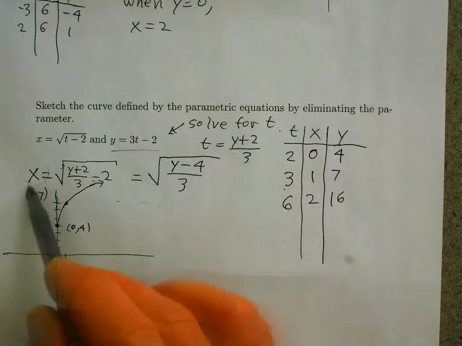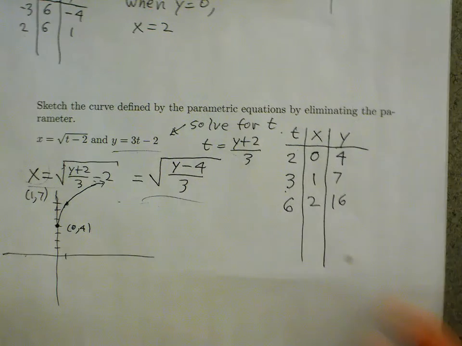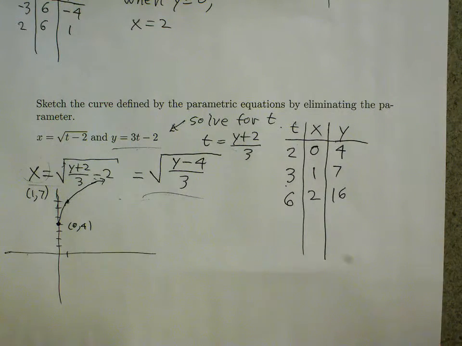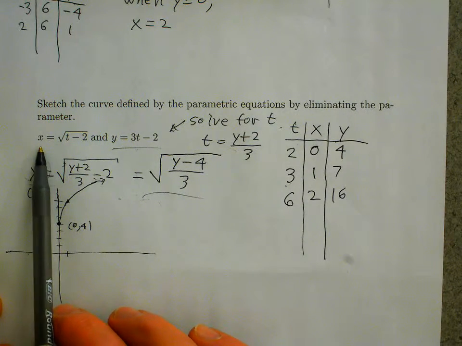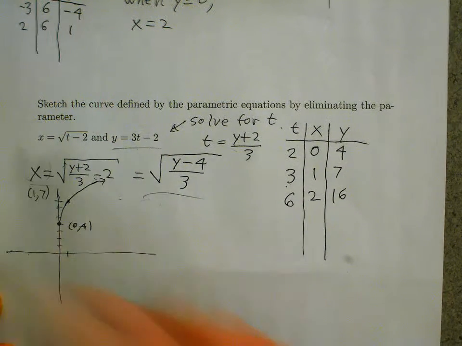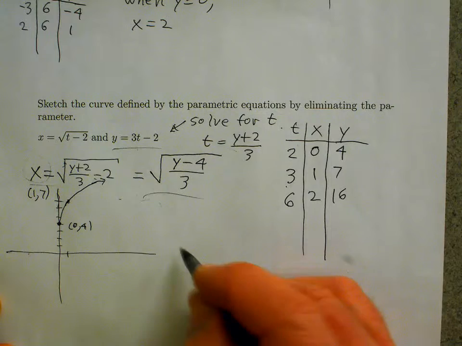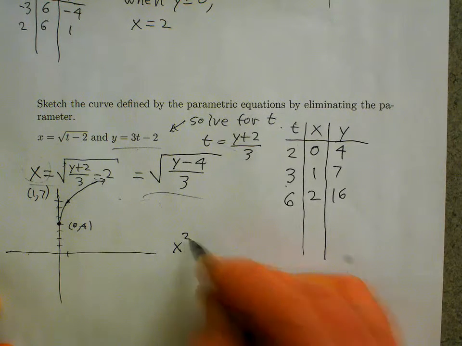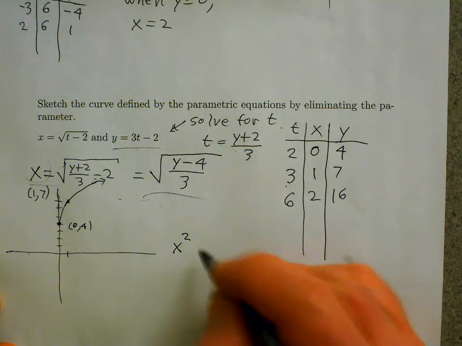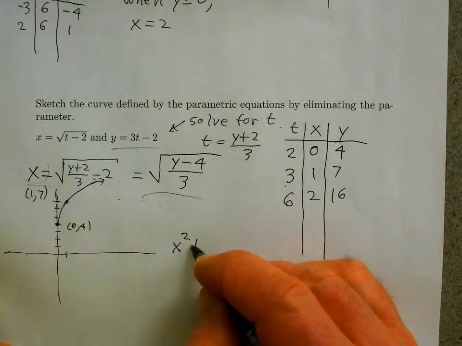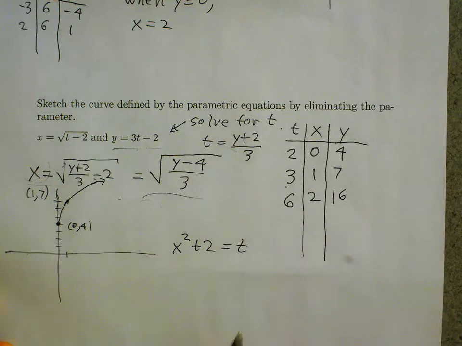Okay. So that is one way to write the Cartesian equation, but I think another way, if you solve for t on the left by squaring both sides, so we get x squared equals t minus 2, so x squared plus 2 equals t.